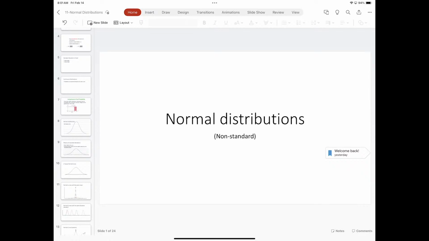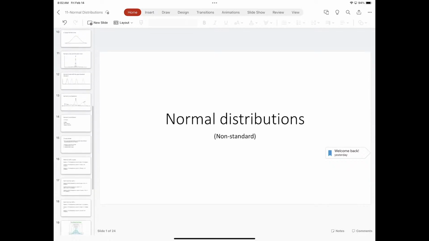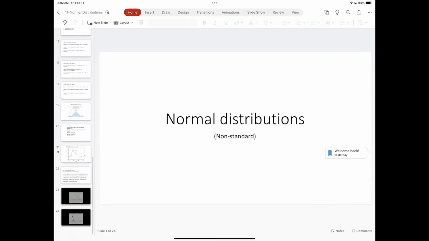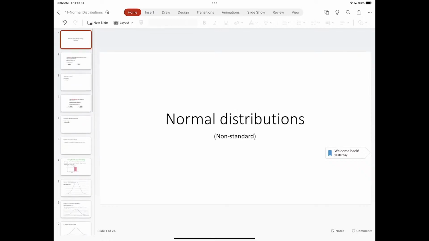Let me just see, is this the one? No. You would think that I would have this up here. Normal distributions. Close enough. Yeah, we'll use this one, I guess. It's just not what I was expecting. Okay, Z-scores. No, this isn't right. Sorry.